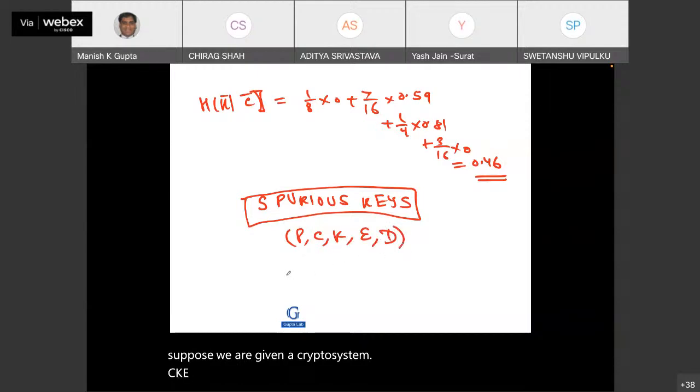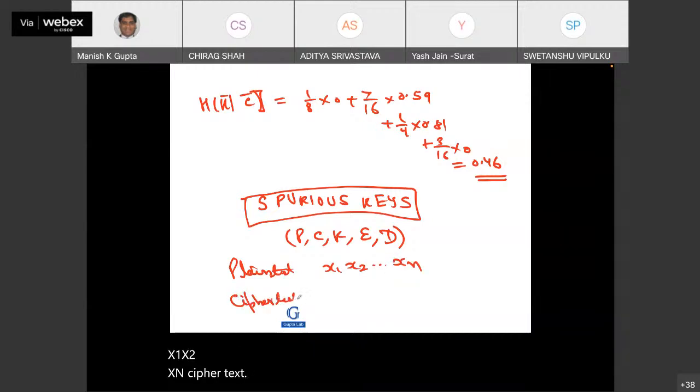This is our crypto system. Plain text is X1, X2, ..., Xn. Cipher text is Y1, Y2, ..., Yn. Now to determine the key from the ciphertext, if ciphertext is given to you and you have to find the key.